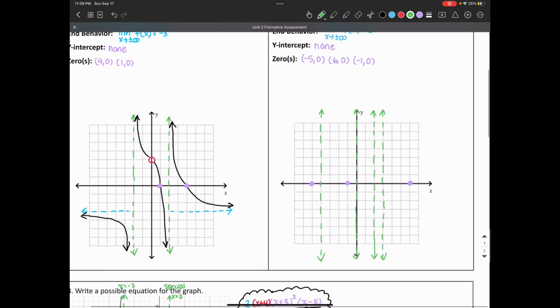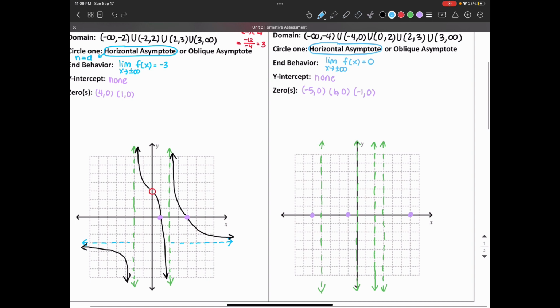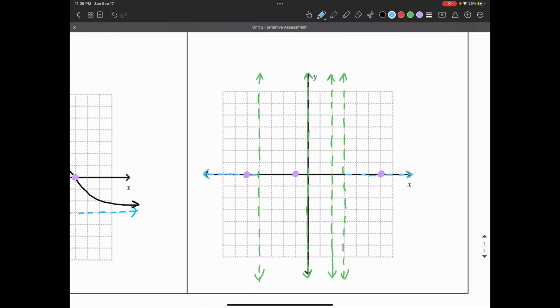Okay, and then I have just the horizontal asymptote, which I'm only going to include on the sides, and then I'm going to try to draw my smooth curves. I don't have enough information, unfortunately, with the important points and the important lines that I drew to draw anything else.